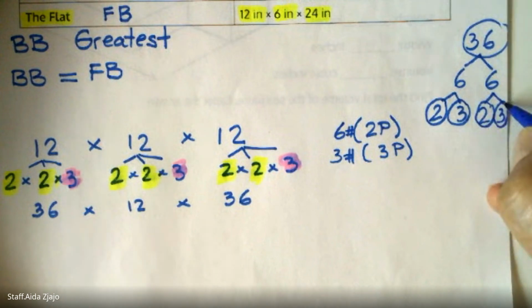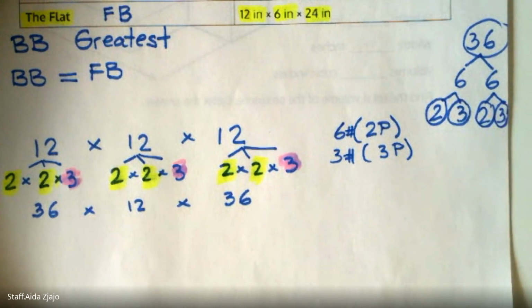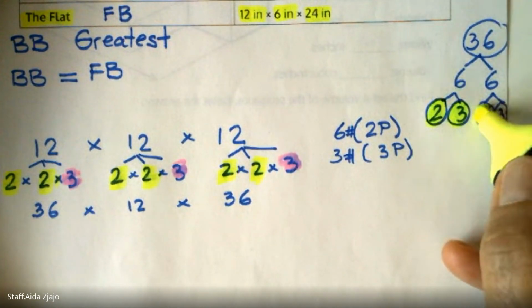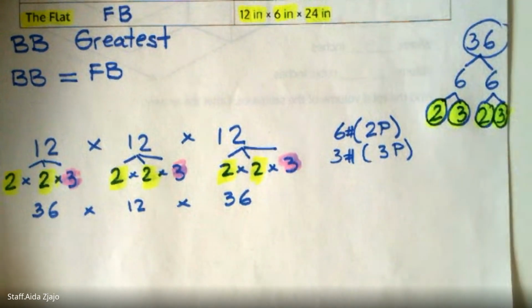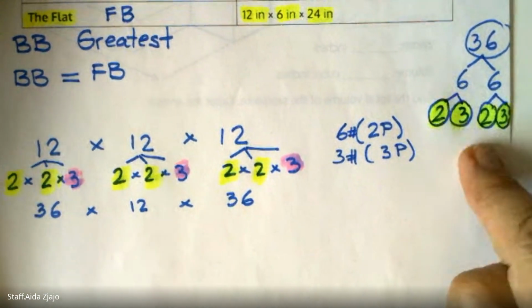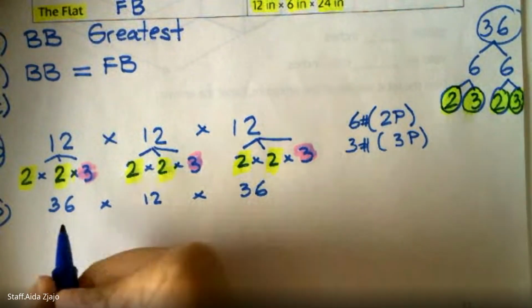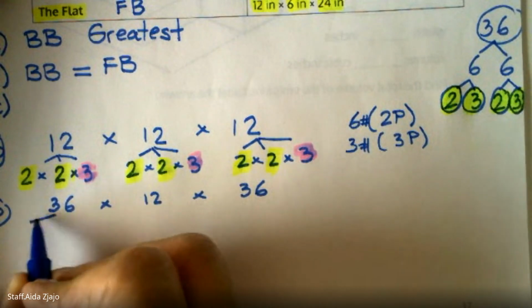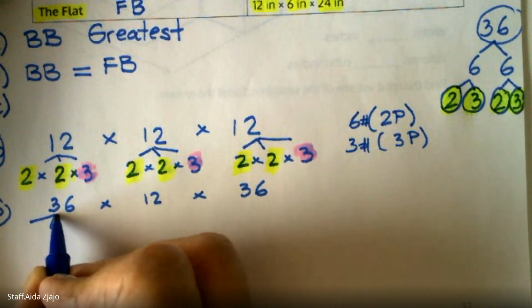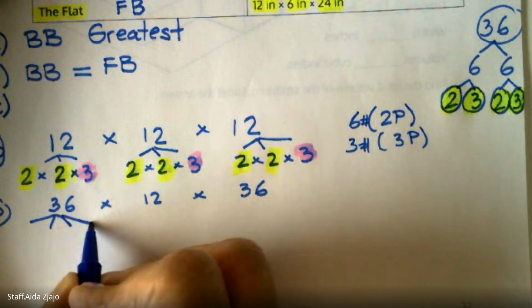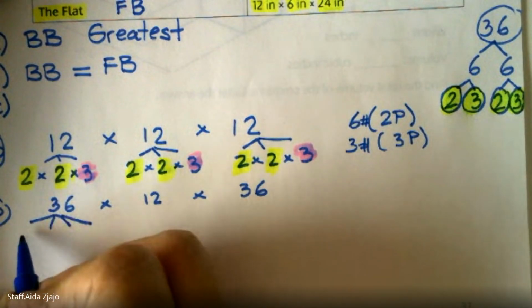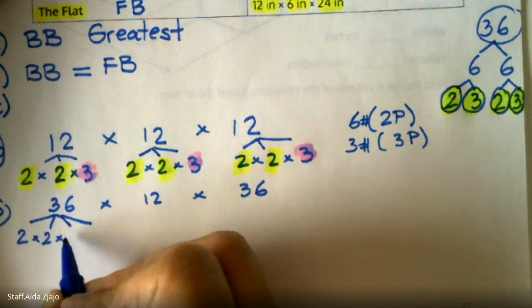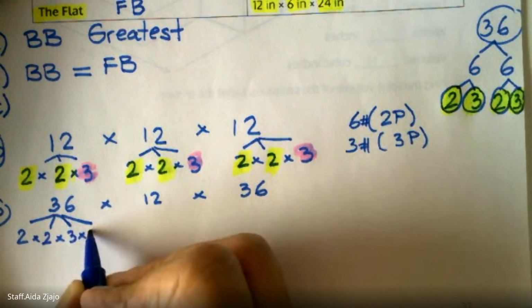So these are primes. And then I also have to do 6, which is 2 times 3. So now I know that for 36, I have 2, 3, 2, and 3 as the prime numbers: 1, 2, 3, and 4. So it is 2 times 2 times 3 times 3.